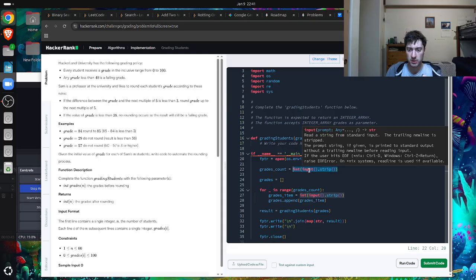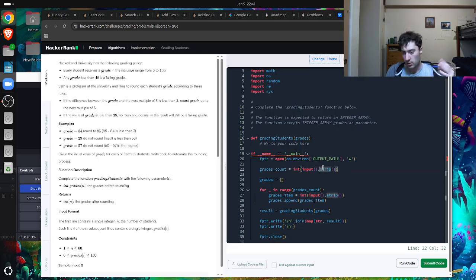So this input.strip. Now, this is the other thing with HackerRank, normally with LeetCode we're not dealing with the input parameters. So okay, strip, I'm guessing, just takes the first value in an argument string and returns it. So that is the first n, the first line containing integer n, the grade count.